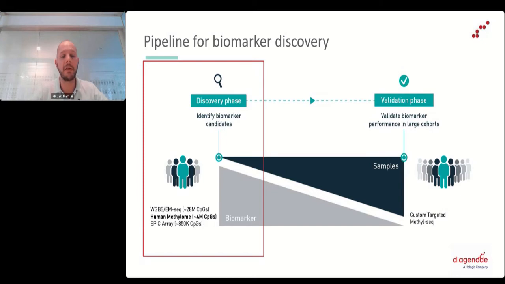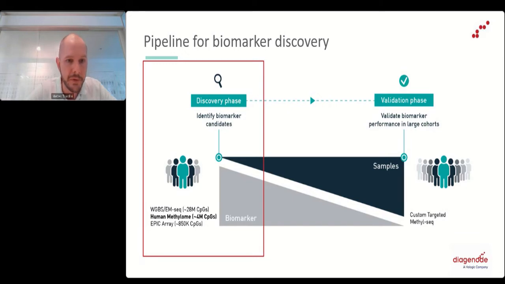For doing that, of course, we want to use the most genome-wide solution, to screen as many CpGs as possible to find the ones that are really important and can discriminate between the different groups, treatment versus control, healthy versus patient.